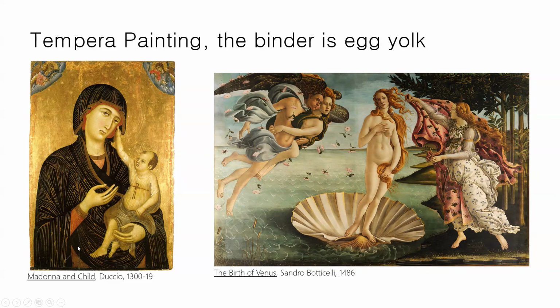So here are some examples. Now, the Madonna and Child has a lot of gilding, a lot of gold applied to it, so it's a little bit harder to see all of the tempera painting. But the thing about tempera is it's similar in a way to encaustic, in that it dries pretty quickly. And once it dries, you can't manipulate it.